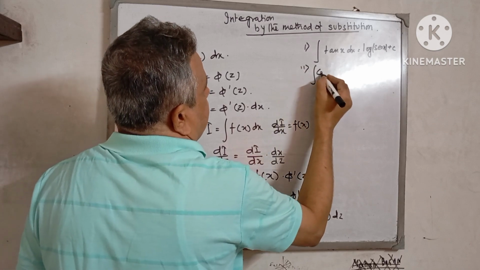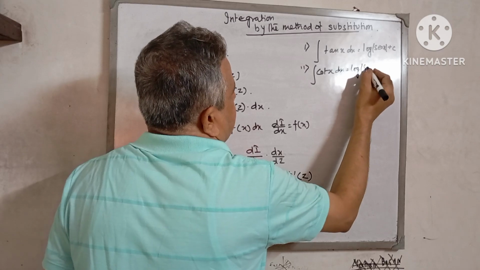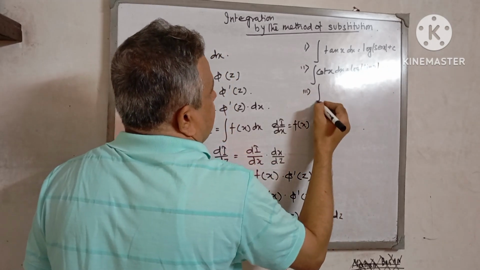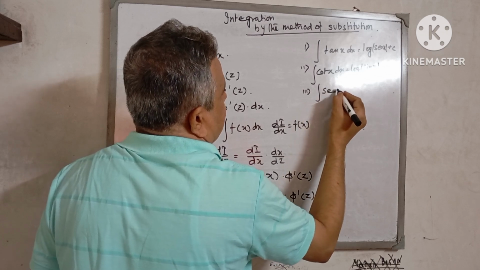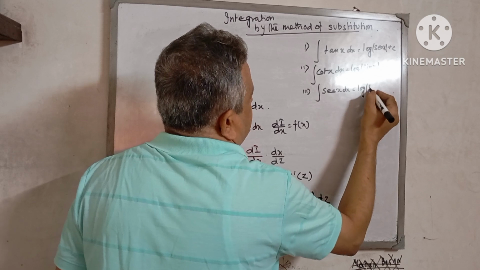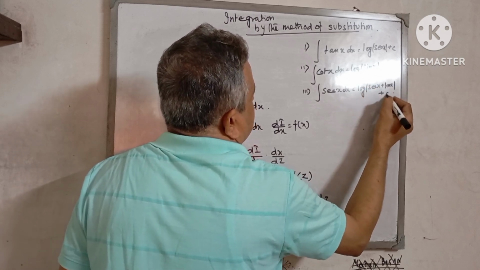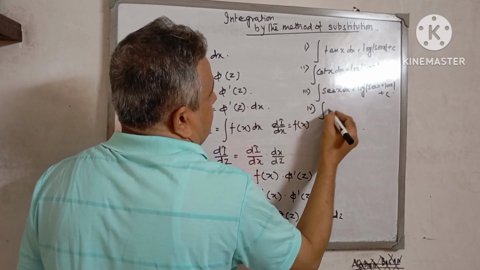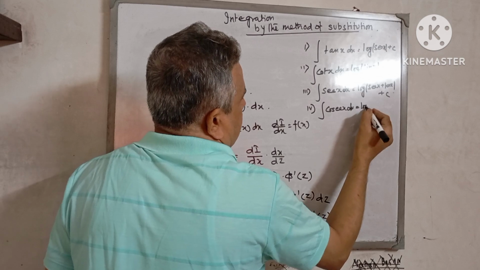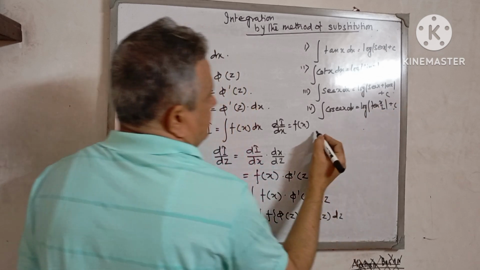Integration of cot x dx is log of sin x plus c. Integration of sec x dx is log of sec x plus tan x plus c. Integration of cosec x dx is log of tan x by 2 plus c.